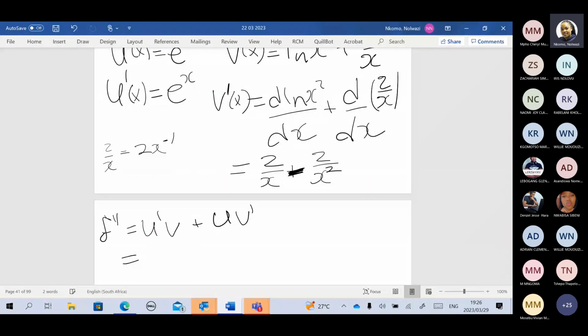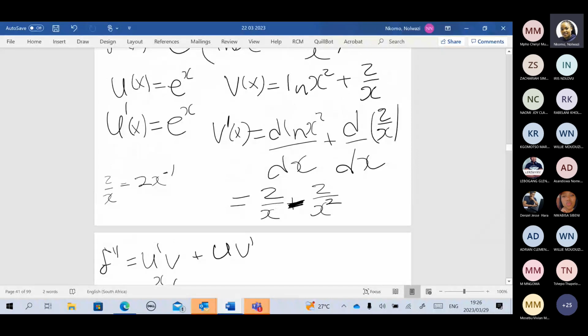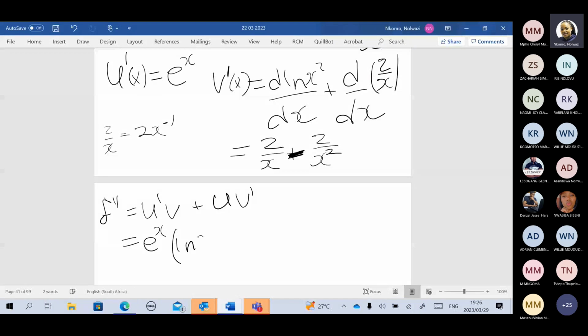Our u prime is e to the x, our v is ln x squared plus 2 over x, plus our u is e to the x, and our v prime is 2 over x minus 2 over x squared.